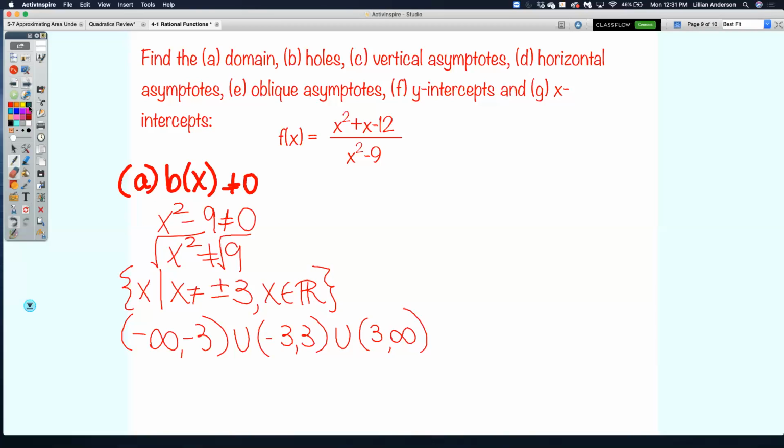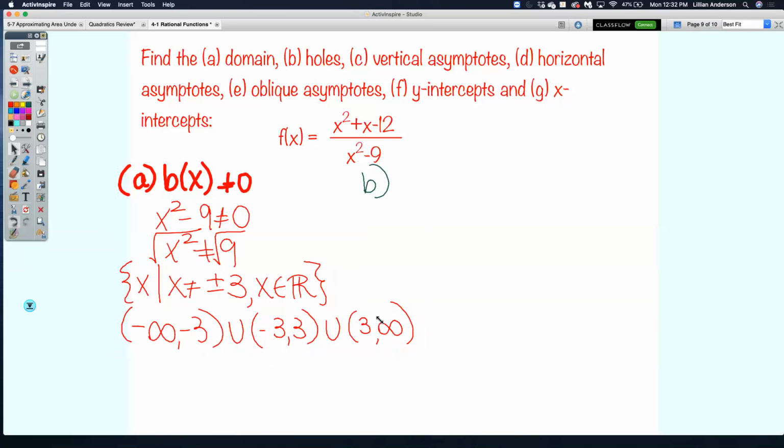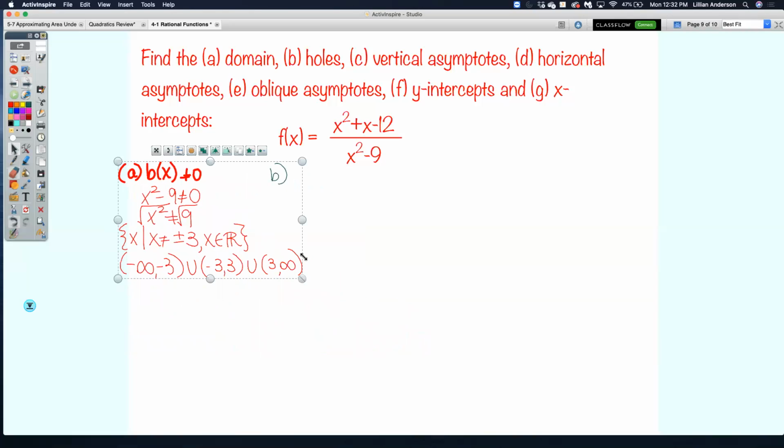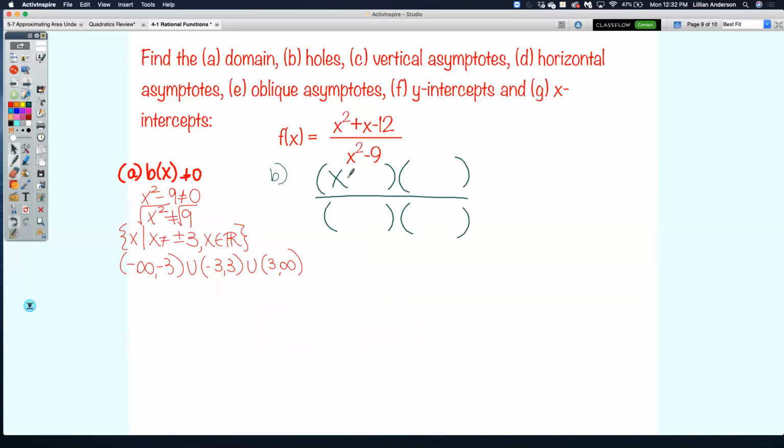In B, let's find our holes. How do you find your holes? Factor the top and the bottom, see what cancels out. How does the top factor? x minus 3 times x plus 4.